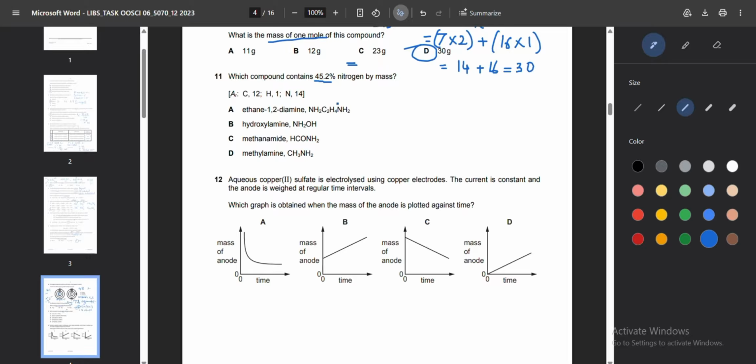For this one, for nitrogen it is 14 plus 2 for hydrogen, for carbon it is 12 multiplied by 2 plus 14 plus 2, so that makes 60. For this one it is 14 plus 2 plus 16 plus 1, so that makes 33.